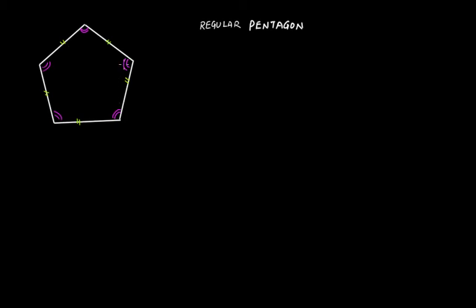These angles are not a point of interest, but these sides are. And why? Because now, using variables, we are going to find a rule that can describe the perimeter of a regular pentagon.